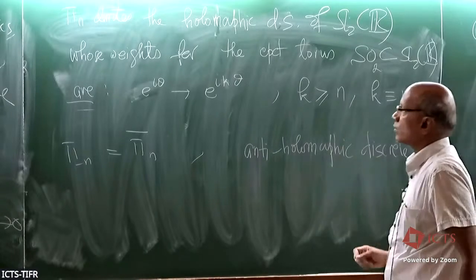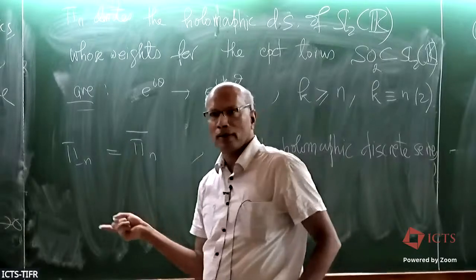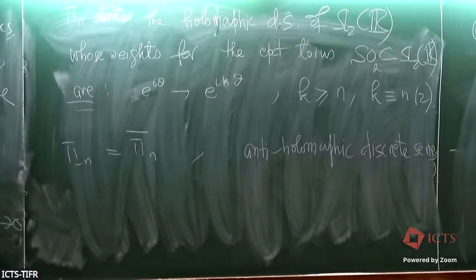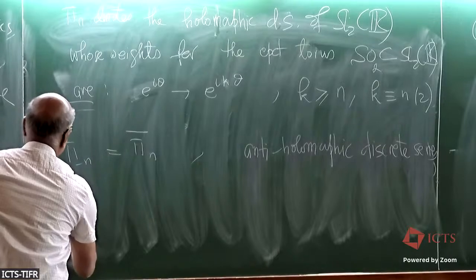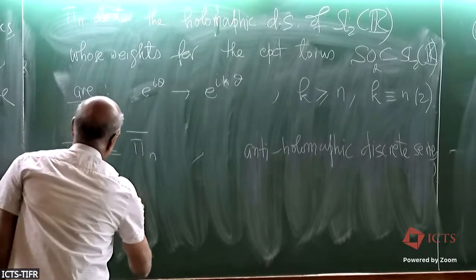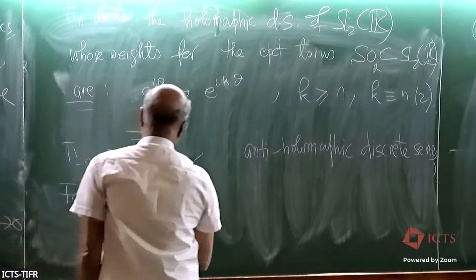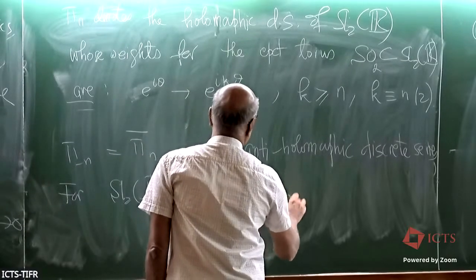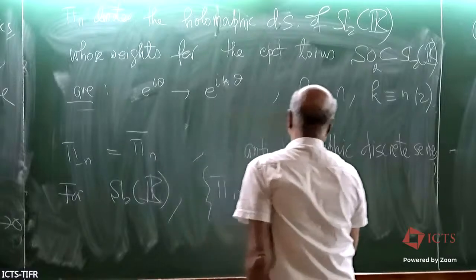And in the case of SL2R, pi n and pi minus n make up an L-packet.